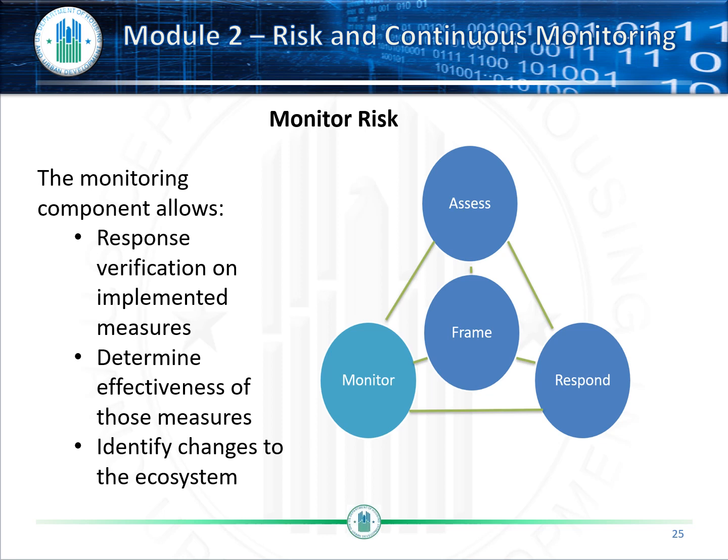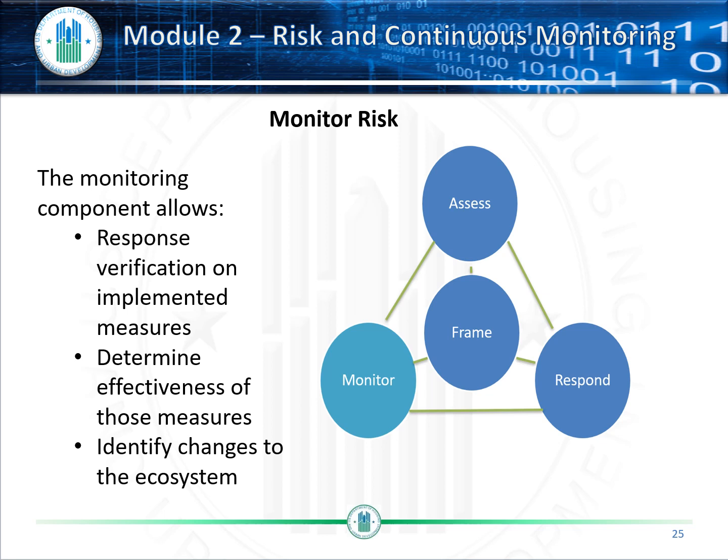The fourth component of risk management addresses how organizations monitor risk over time. The purpose of the risk monitoring component is to verify that planned risk response measures are implemented, determine the ongoing effectiveness of risk response measures following implementation, and identify risk impacting changes to organizational information systems and the environments in which the systems operate.